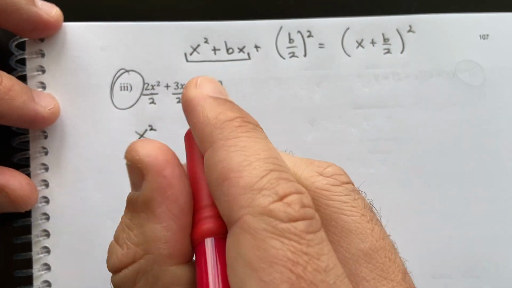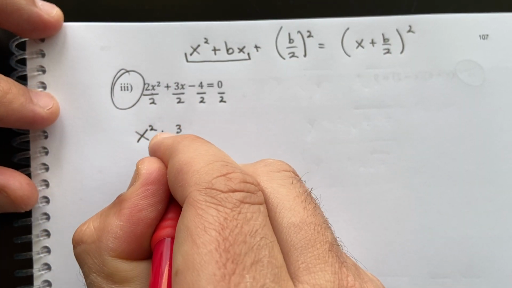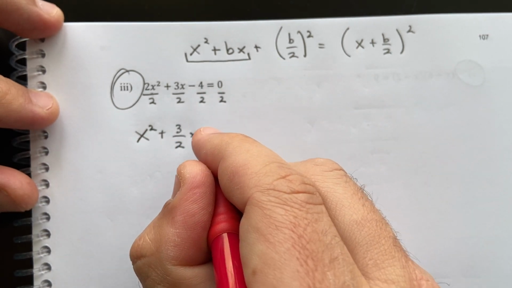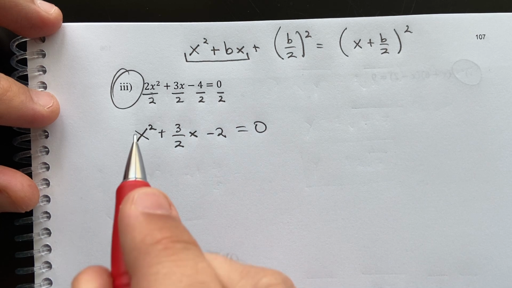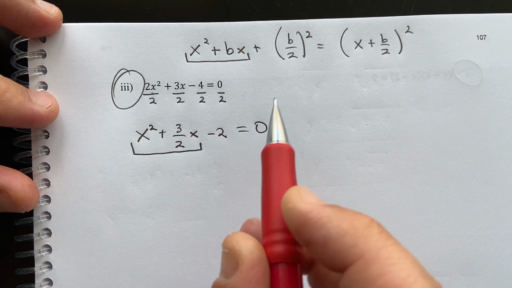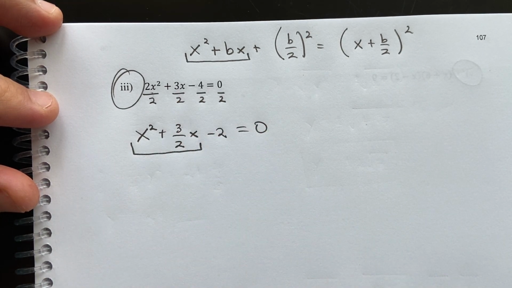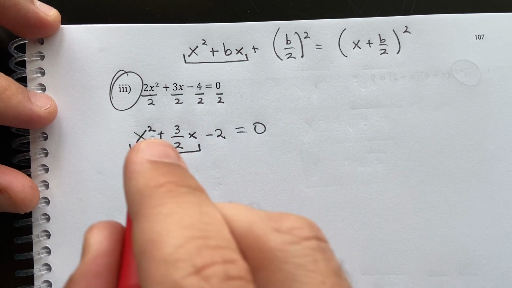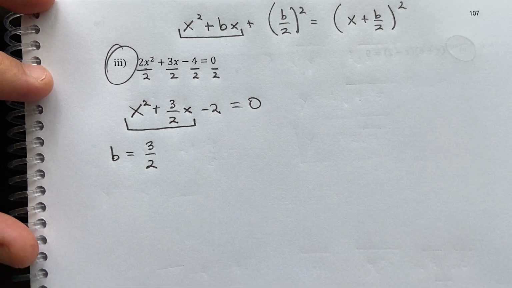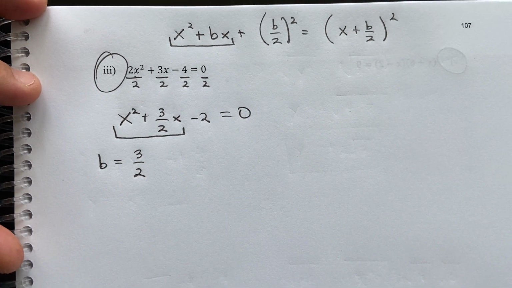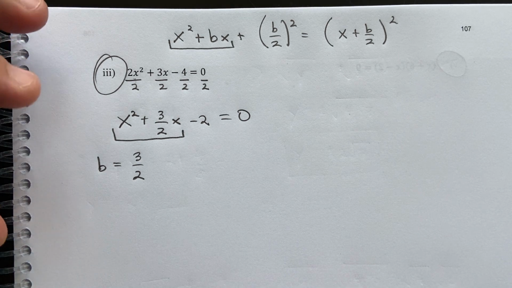So x squared plus 3 halves x minus 2 equals 0. So this now is my x squared plus bx. So in other words, b is 3 halves. It's this fractional b in this case, but everything else is the same.